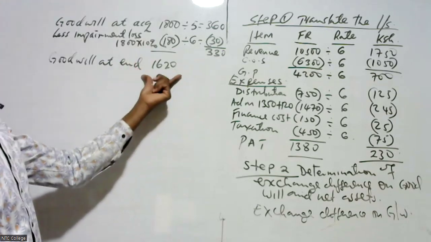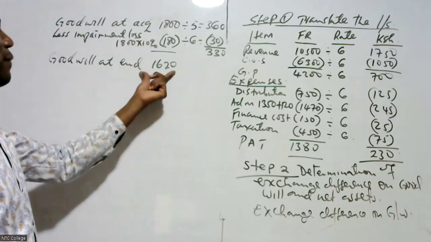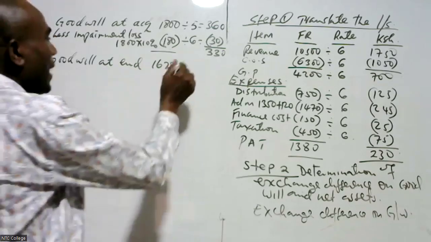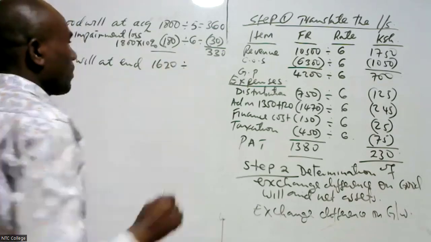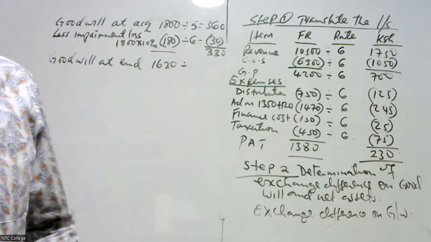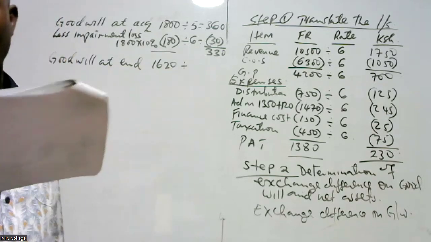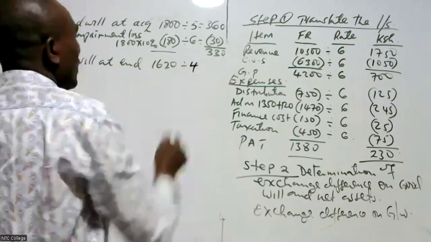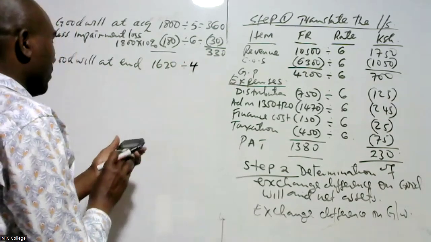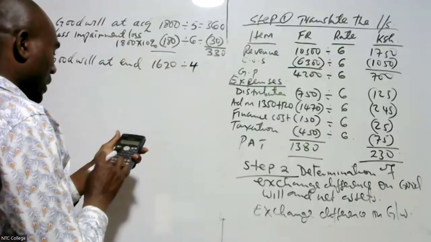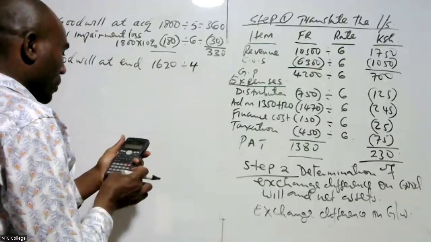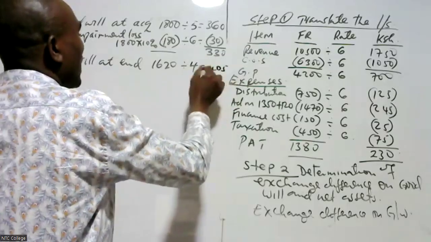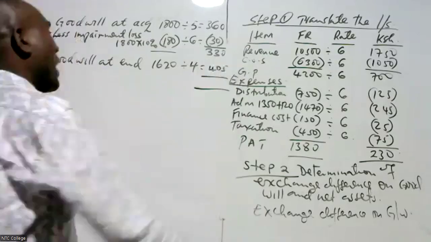Therefore, at the end of the year, my goodwill in foreign currency is 1620. I divide by the closing rate, which is 4. So 1620 divided by 4, I get 405. Therefore, my goodwill at the end is 405.